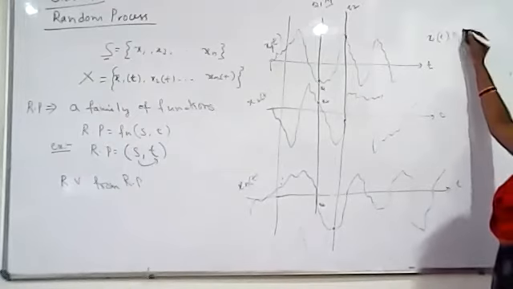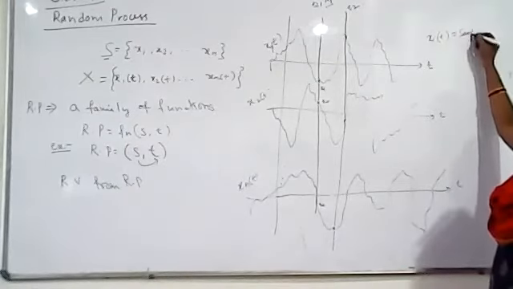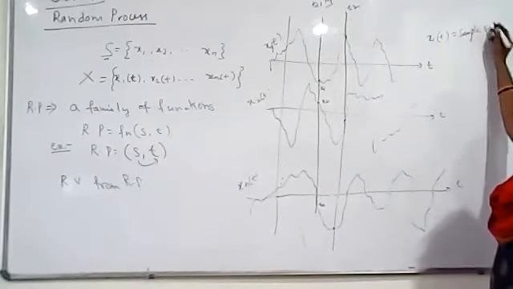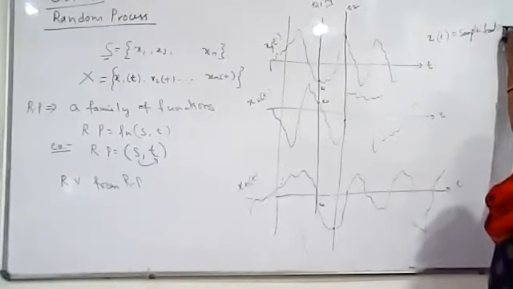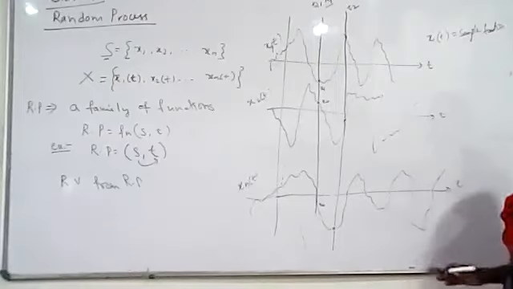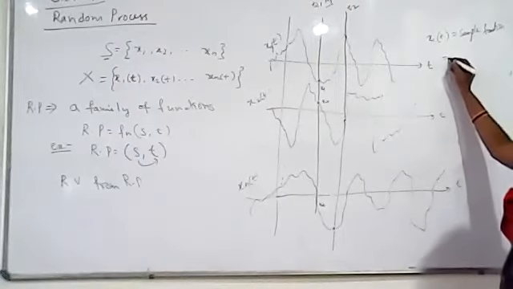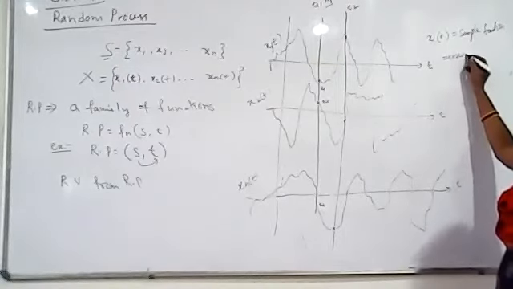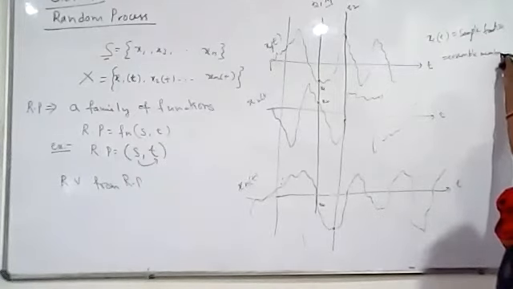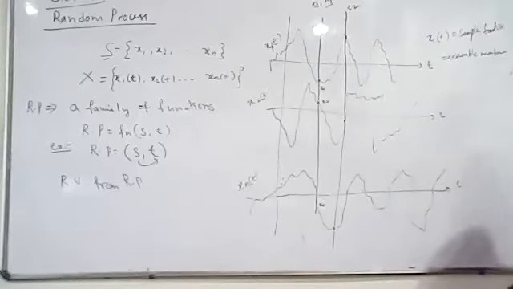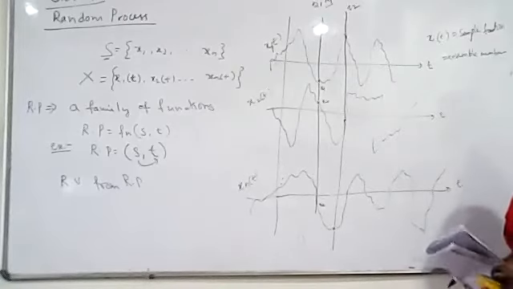This is called the sample function. The first outcome varying with time, and all of these, are called sample functions. It is also called an ensemble member. These are the two names: sample function or ensemble member.